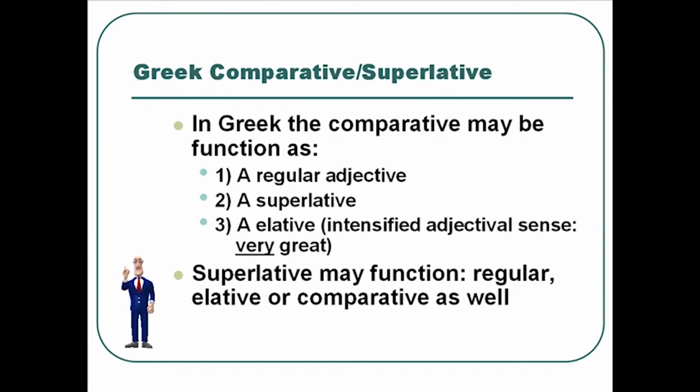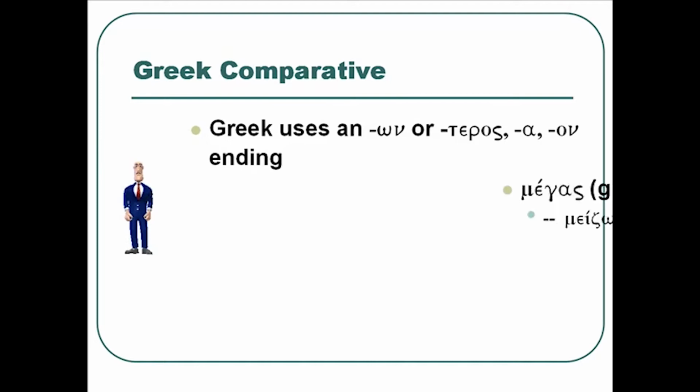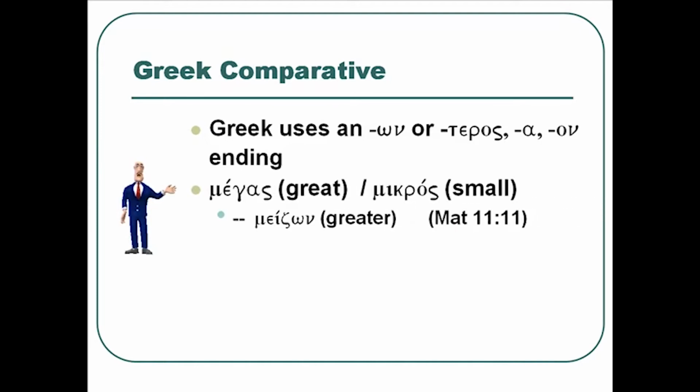So let's first look at the comparatives. Now the comparative in Greek uses the -ion ending or the -teros ending. So for example, in megas, great, and mikros, small, to become greater, the comparative, you'd say meizon, adding an omega nu on the end of megas.